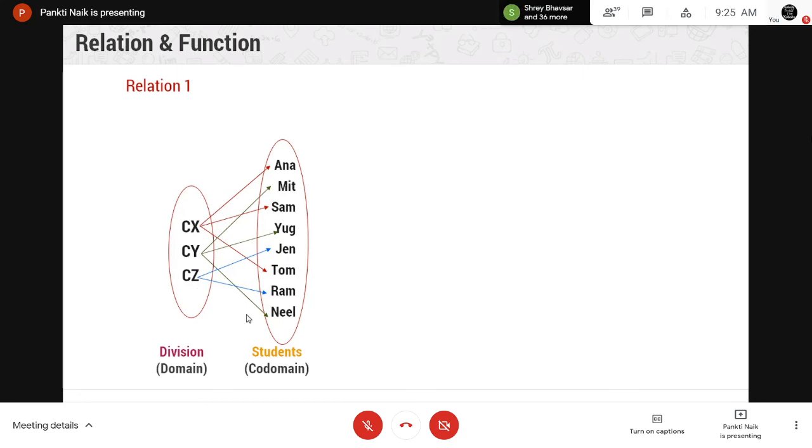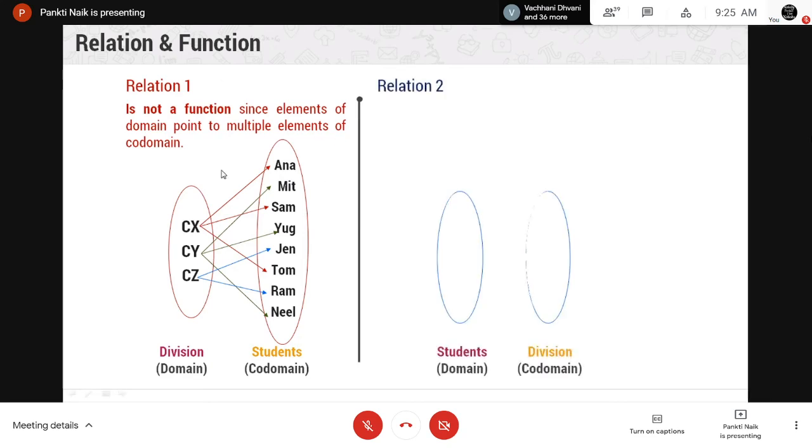And codomain, the possible answers, the possible values that come out from this function, will be this. So this will become the codomain, student name. So relation 1 is not a function, since elements of the domain point to multiple elements of the codomain. It is not a function because it points to multiple codomain elements.